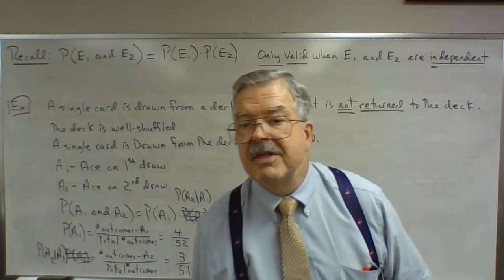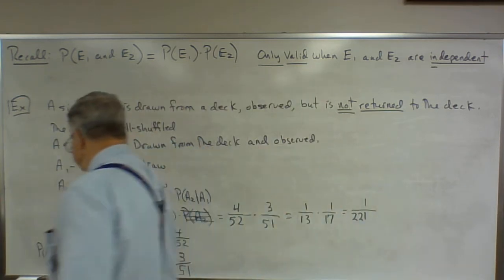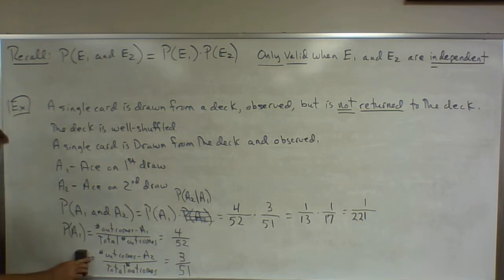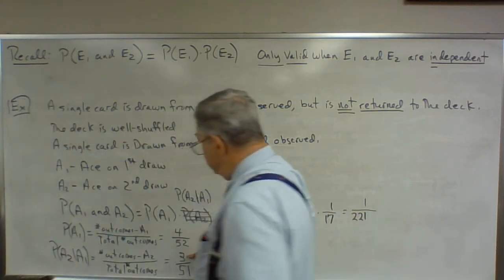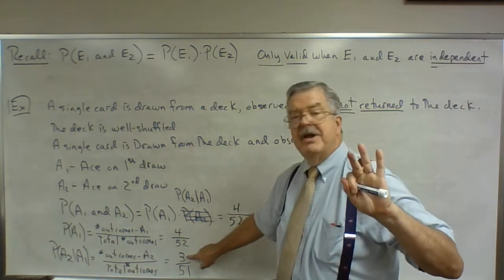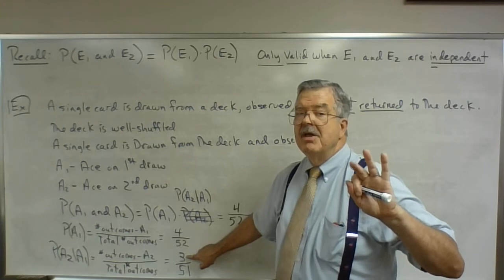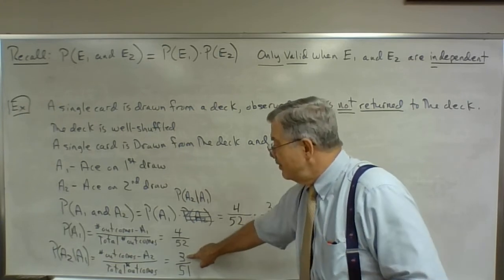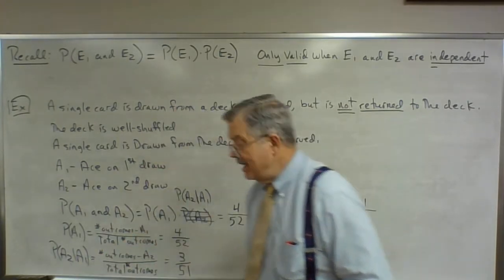And can we see that? Tell you what. Now we'll be able to see it. Probability of A2 given A1. This is what we actually computed. Because when we said there are only 3 ways that we can draw an ace on the second draw, we were saying that because we were assuming that A1 had already happened.